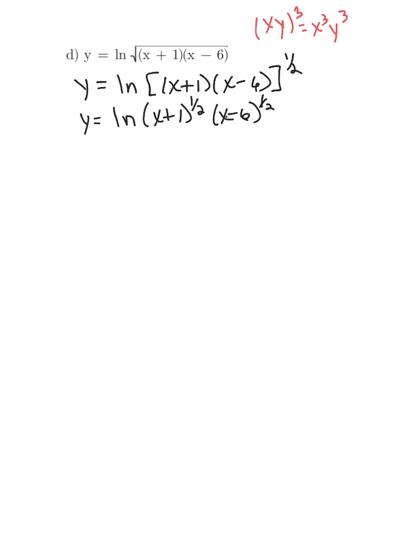Well, now think about that this is multiplication in between those two quantities. So we can use the logarithm rule that says rewrite it as the two items separated. It's two separate logarithms with addition between them.